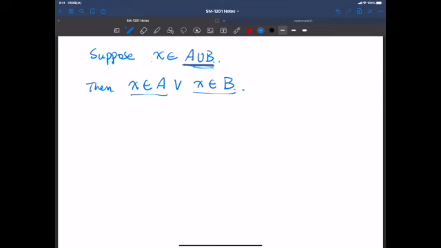So this means x belongs to B or x belongs to A. We are saying the same thing in different ways.